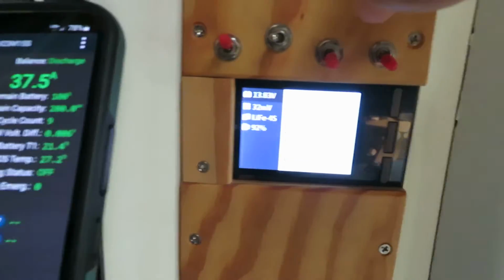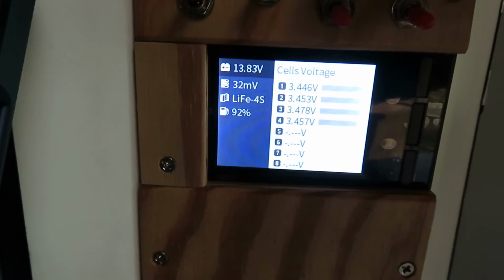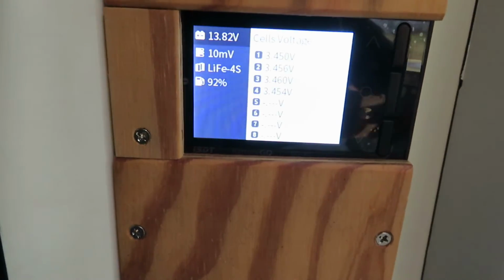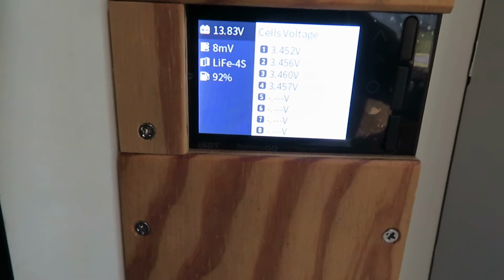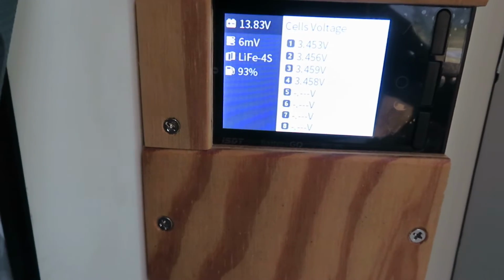Okay, let's take a look one more time. The left hand imbalance is 32 millivolt. The right hand battery imbalance is 7 millivolt.